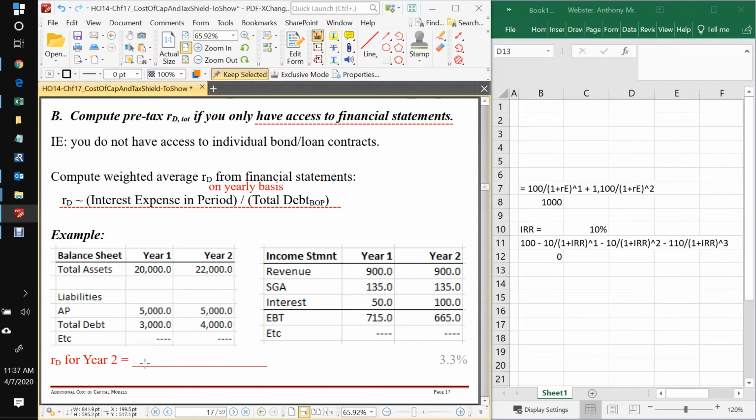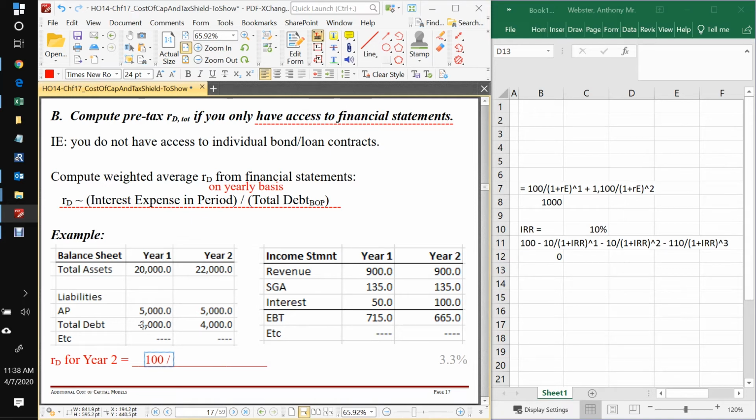For year 2, I want the interest expense in the period. So I go to the income statement and I get that 100. And I need to divide that by the debt at the beginning of the period. So what's the debt at the beginning of year 2? On the balance sheet, it's going to be end of year 1. Remember, balance sheets are always done at the end of the period.